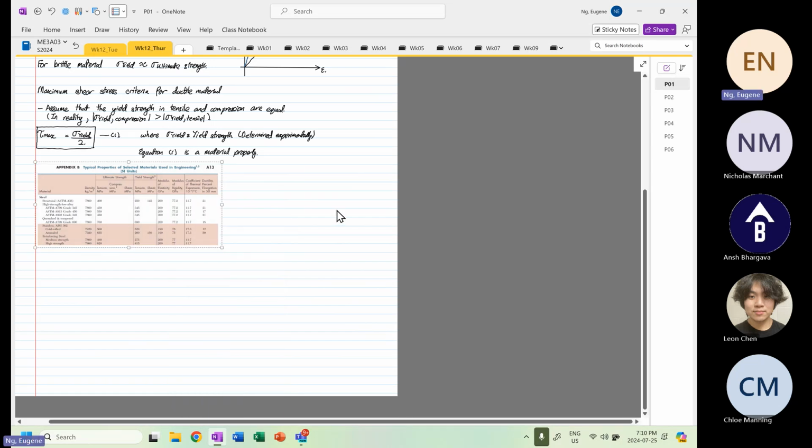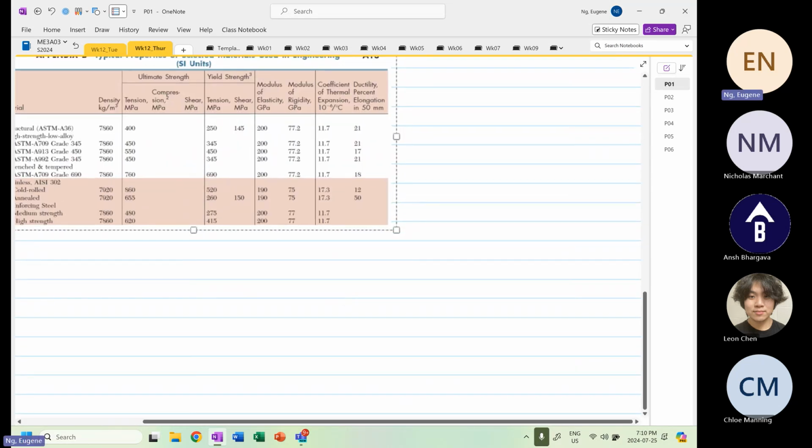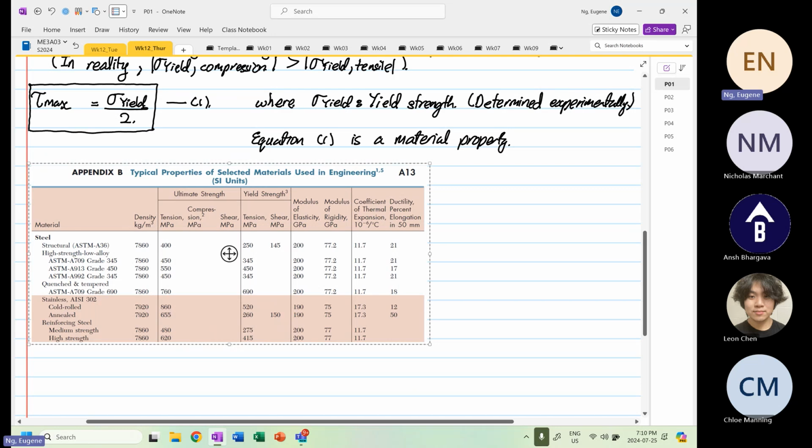What we see over here is that they are quoting all these values for the stress yield. So you can see that it's tensile.